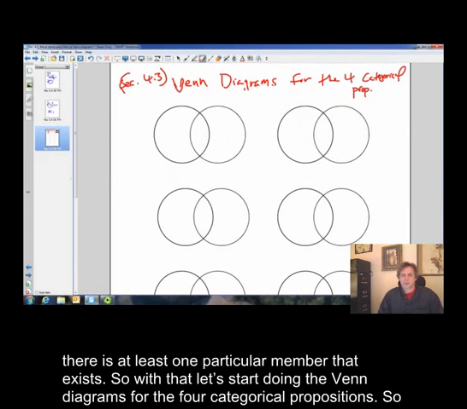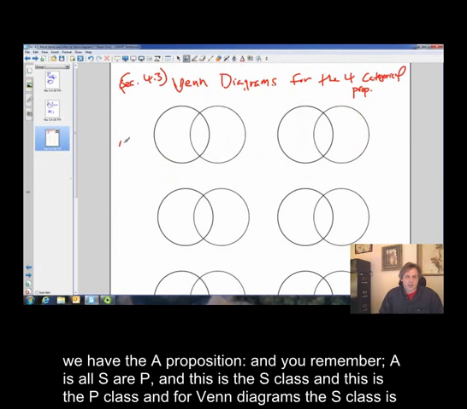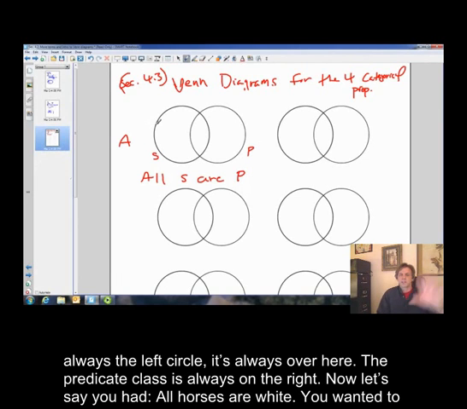categorical propositions. Okay? So we have the A proposition. You remember, A is all S are P. And this is the S class, and this is the P class. For Venn diagrams, the S class is always the left circle. It's always over here.